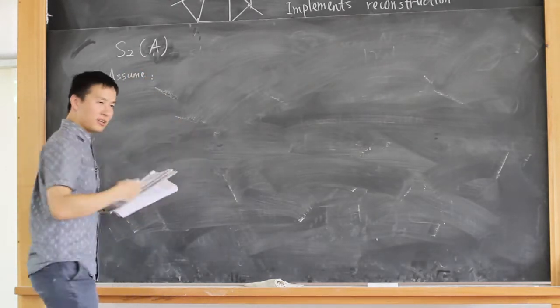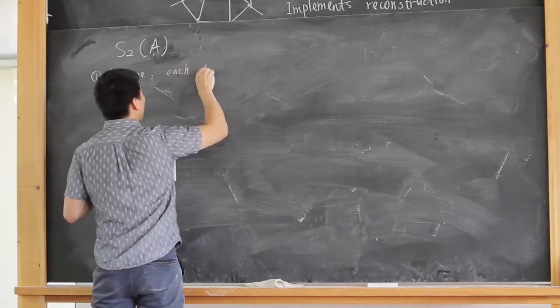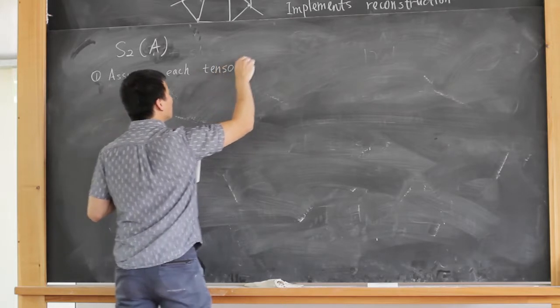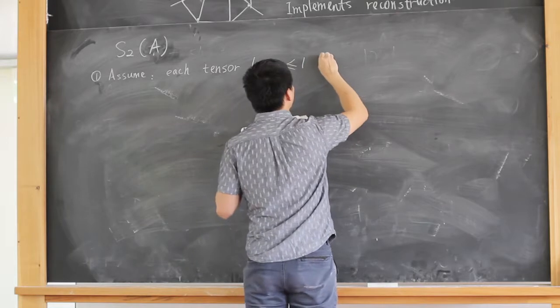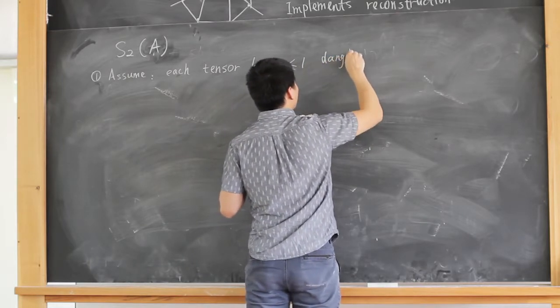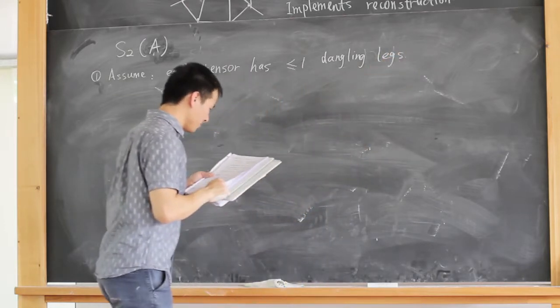Without loss of generality, we can always make sure that each tensor has at most one dangling leg, because we can combine them if they have more than one.